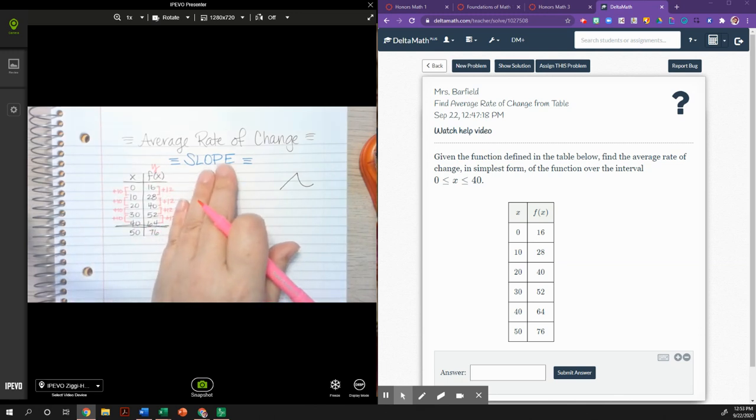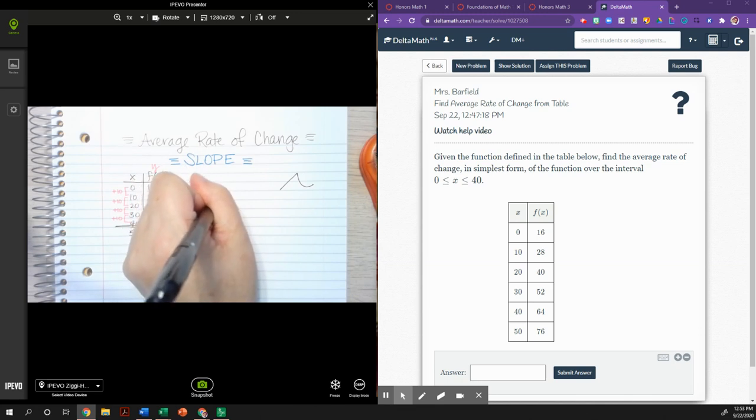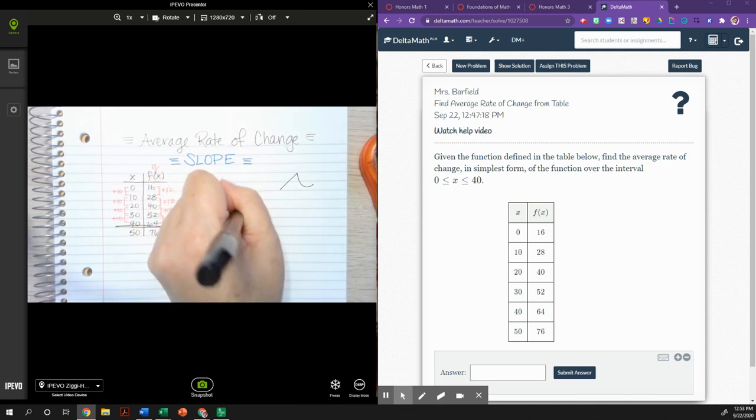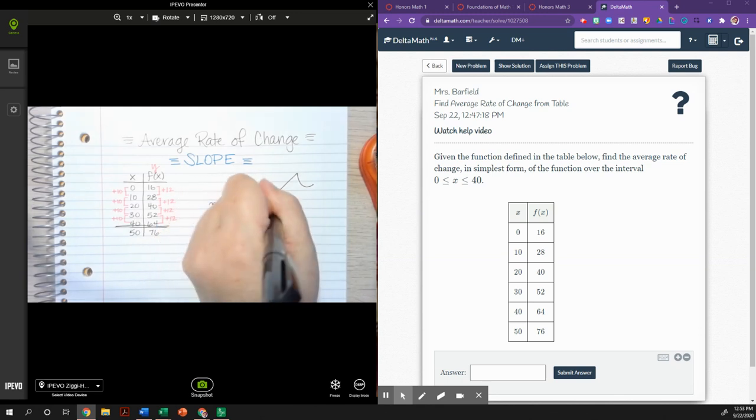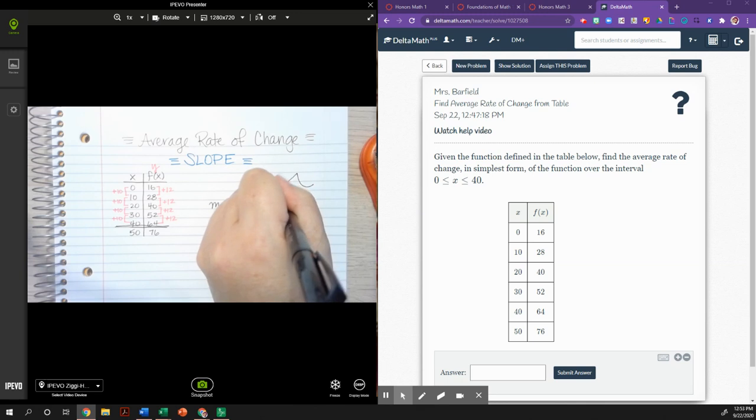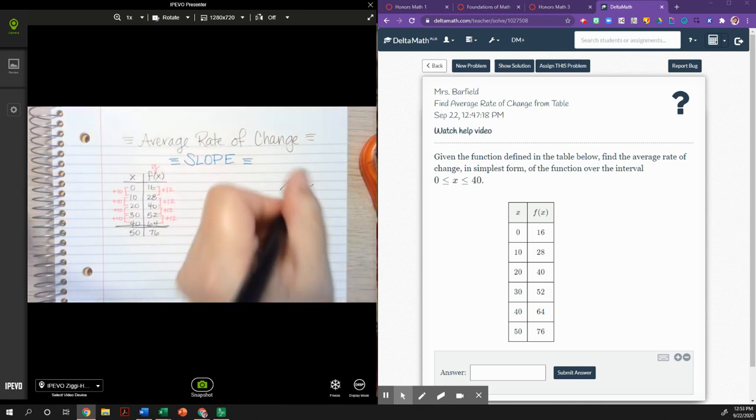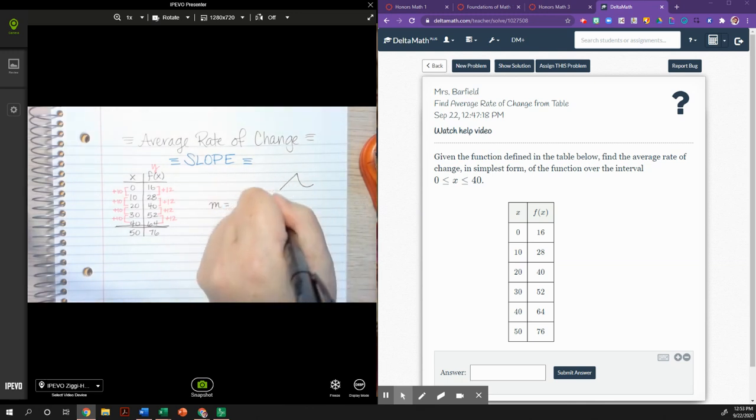I've already told you it was slope. Remember the slope formula, this is where everything starts to tie together. Your slope formula was y2 minus y1 over x2 minus x1. If I use a triangle to represent change, that's the change in y over the change in x.